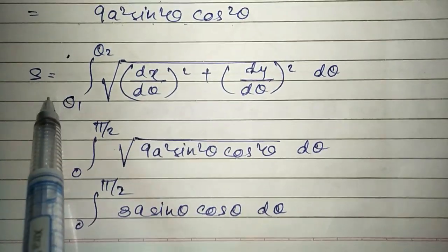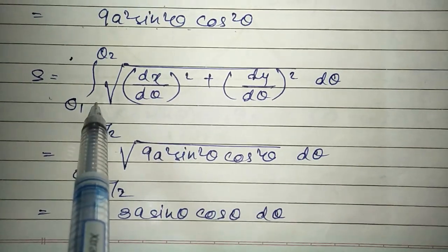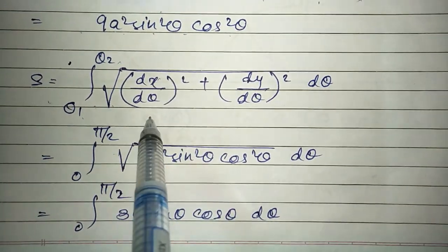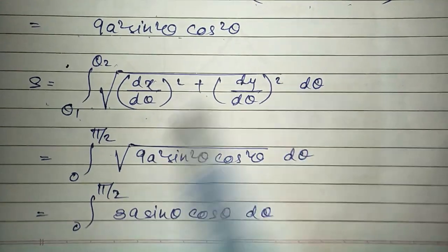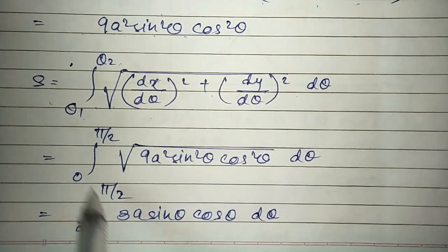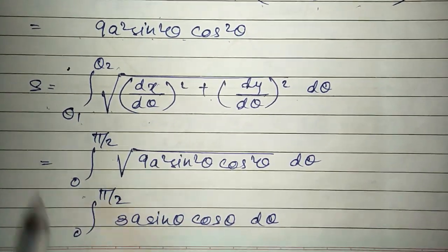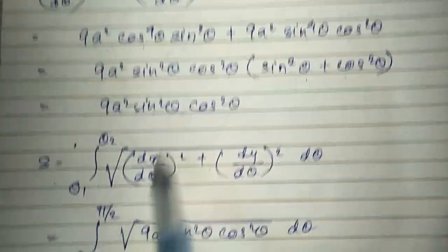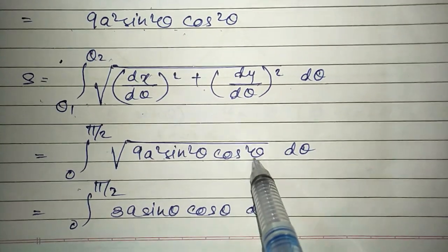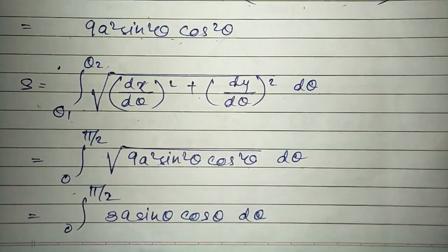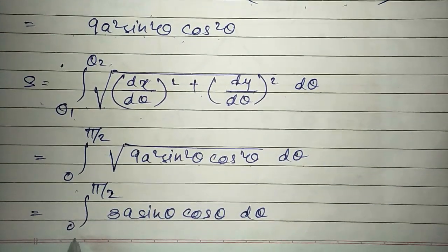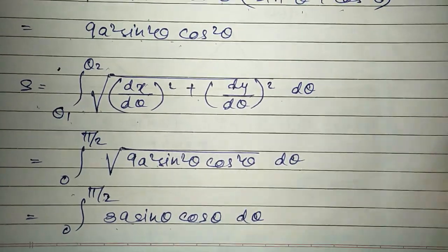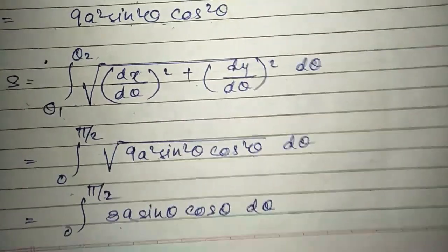So S, the length of the arc of the curve, is the integral from theta 1 to theta 2 of the root of dx by d theta square plus dy by d theta square, into d theta. So it is the integral from 0 to pi by 2. We have found this term, it is equal to 9a square sin square theta cos square theta, d theta. So it is the integral from 0 to pi by 2 of 3a sin theta cos theta d theta.